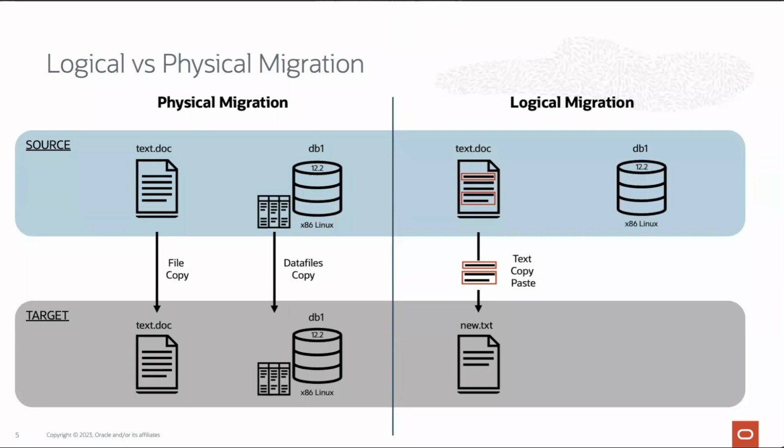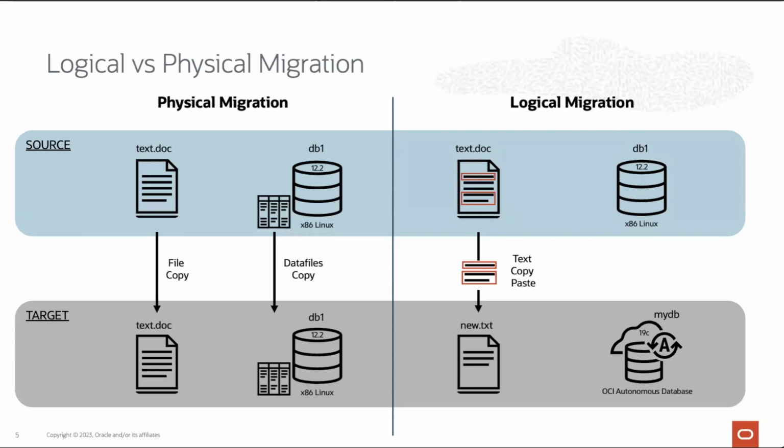Now, with a database logical migration, again, same scenario. We have our database running on a 12.2 Linux system, but this time we want to migrate to Autonomous Database. And here we cannot copy over the data files from the database because we don't have access to the underlying system. For example, we don't have DBA access to the container.